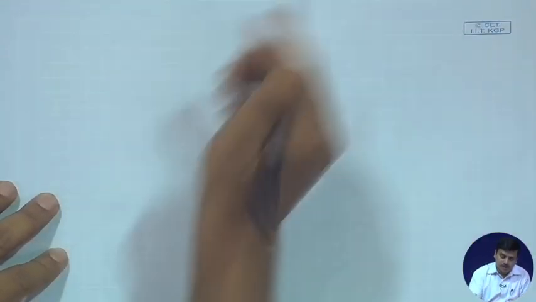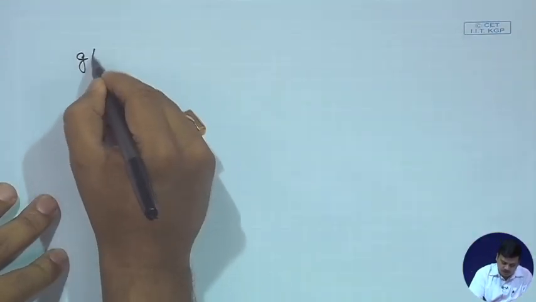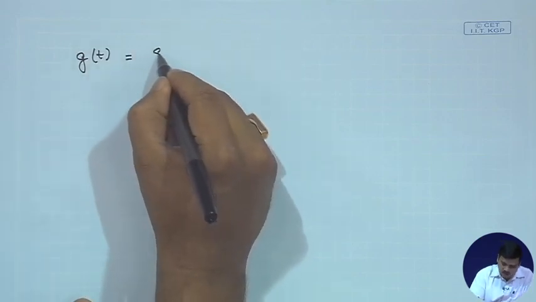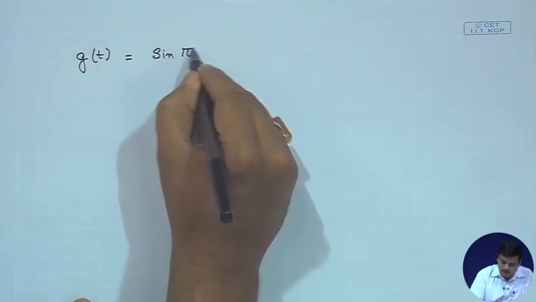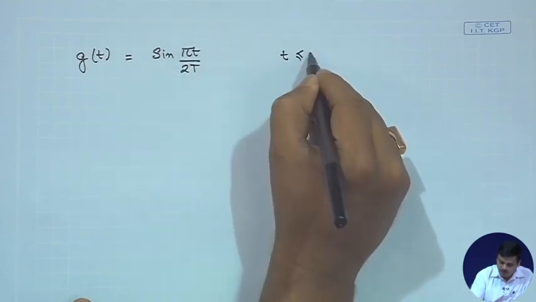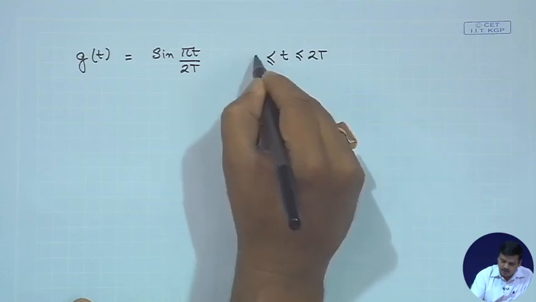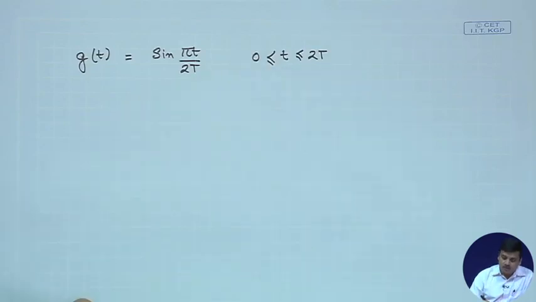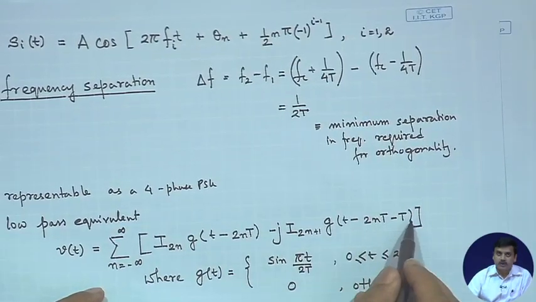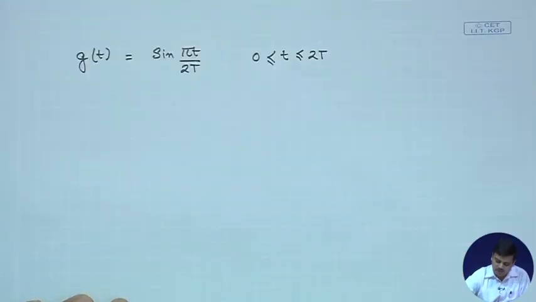If we look at the expression of g(t), g(t) was sine of pi t upon 2T for t lying between 0 and 2T. Now we have the expressions g(t minus 2nT) and g(t minus 2nT minus T), and we would like to look at those.